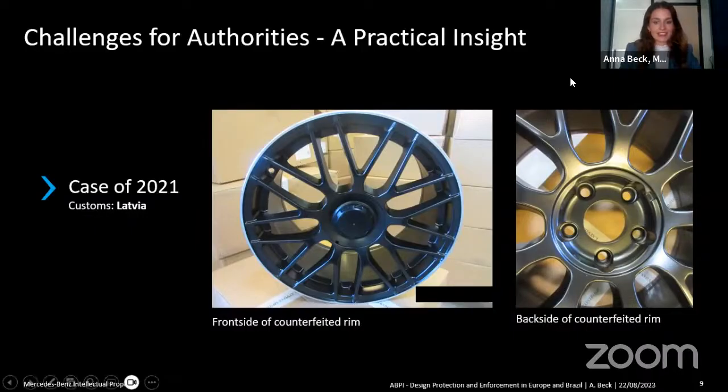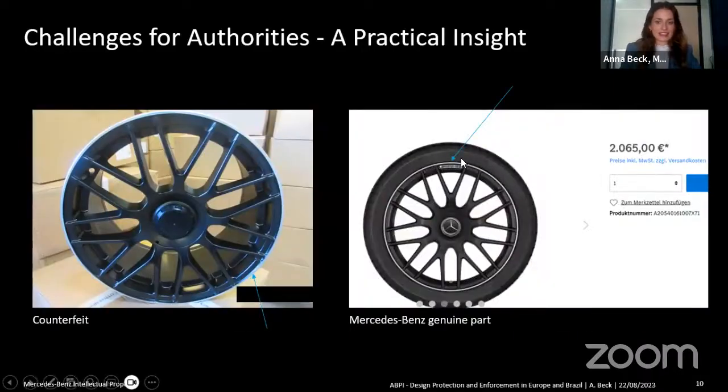And on the next and last slide, you can see on the right the original design of the rim of Mercedes-Benz, and on the left side you can see the counterfeited rim. So there is a small section in our rim. It is the so-called AMG bench, where you could have identified that this design belongs to Mercedes-Benz.